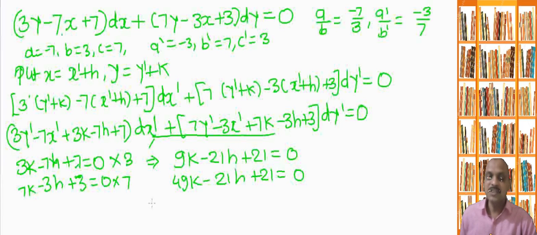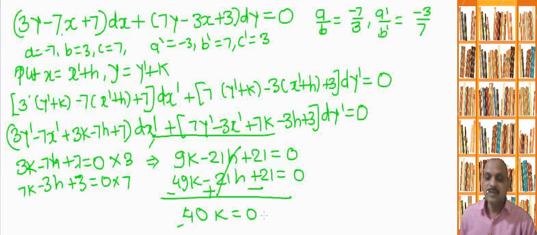So let us change sign, subtracting, and you can see that the h terms will be cancelled and the constants will be cancelled, which gives us 40k = 0, and this gives us k = 0.